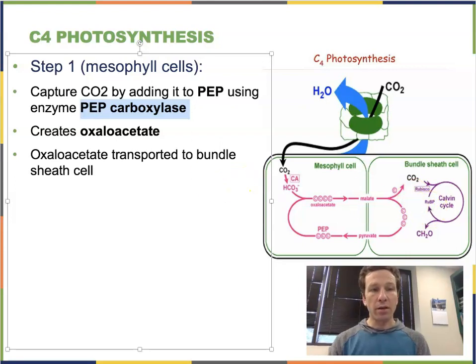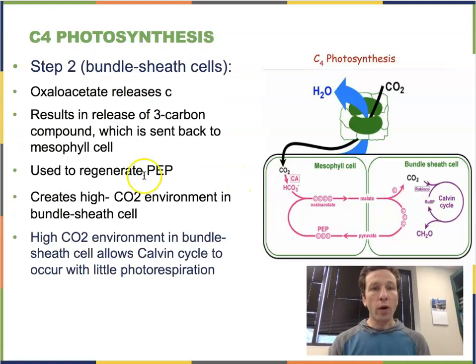The bundle sheath cell then is going to simply do the normal Calvin cycle. So once the carbon has been released, we have a high carbon dioxide environment. That means that the enzyme Rubisco is going to be very likely to encounter carbon dioxide instead of oxygen inside this cell. And as a result, the Calvin cycle is not going to be strongly inhibited by photorespiration.